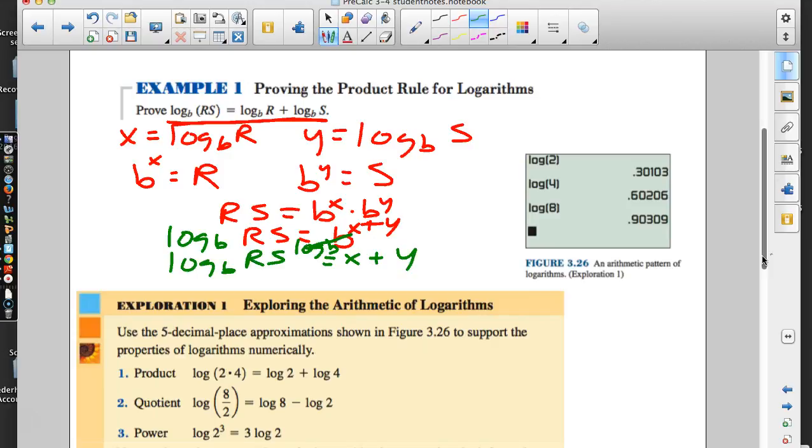Remember I started by substitution because I couldn't use logarithms all the way through the proof? I just took logarithms right now and I substituted for x and y. So let me put back in what I had for x and y up here. Logarithm base b of rs equals logarithm base b of r plus logarithm base b of s. By golly. That's what we're supposed to have.